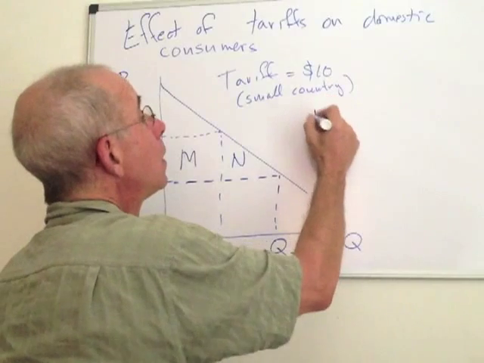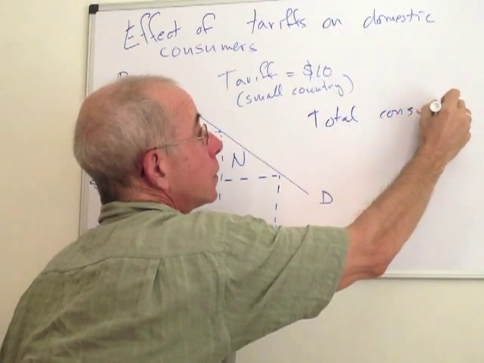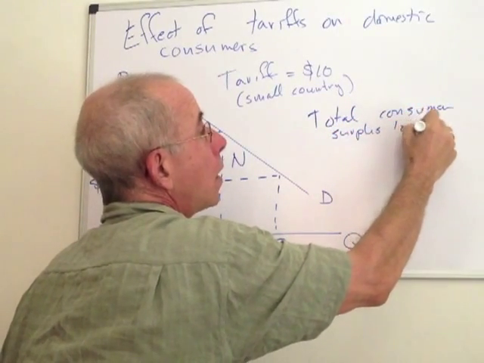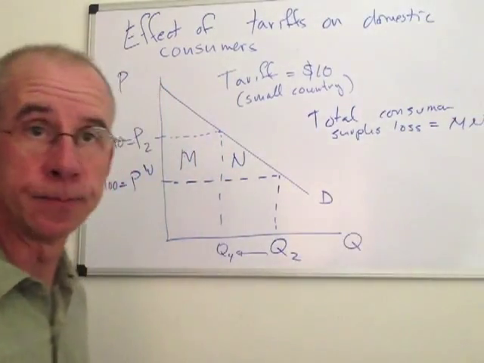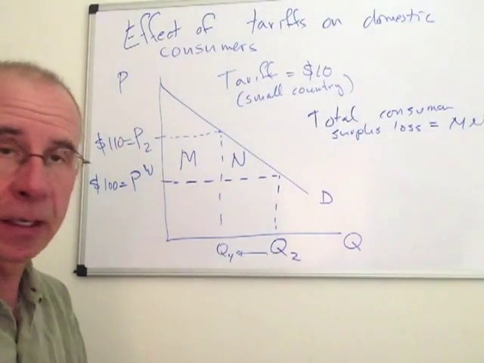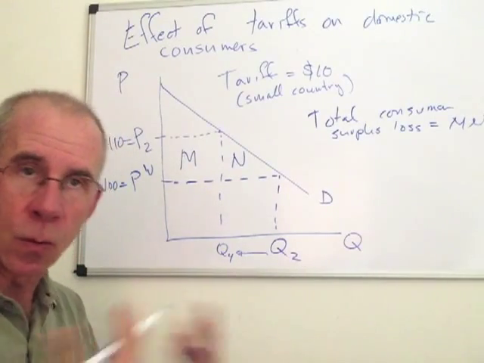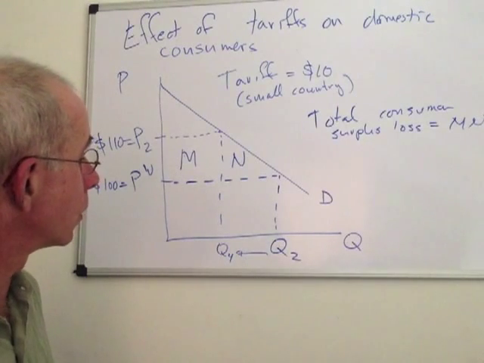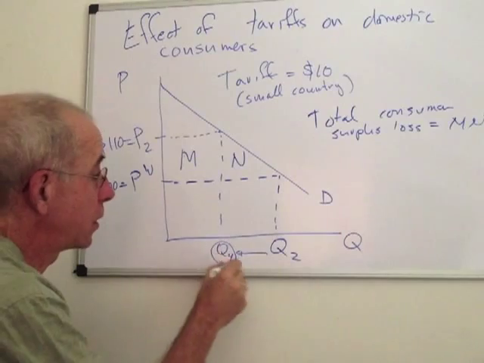So the total consumer surplus loss is M and N. Now, each of these two areas have a very clear interpretation, which is useful to try and link what we're talking about here to the real world. So let's take a look at this quantity Q4.